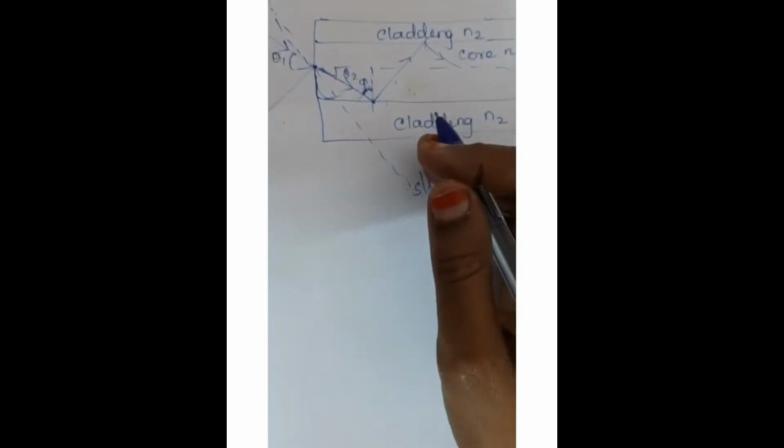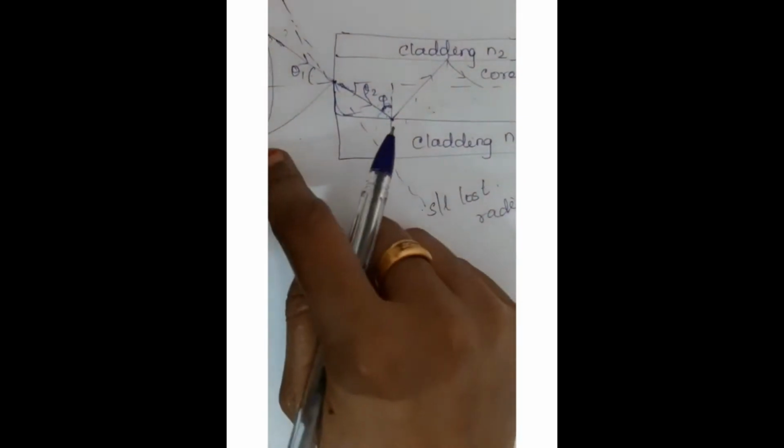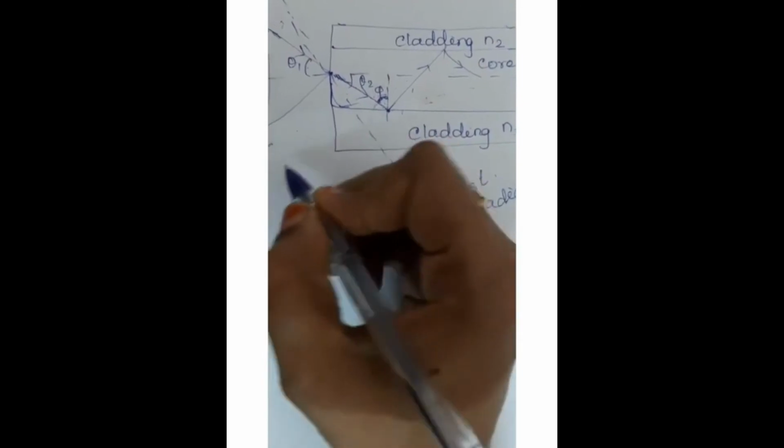So according to Snell's law, what is Snell's law? You know, n1 sin phi 1 is equal to n2 sin phi 2. Here this medium is the air and the refractive index of the air is n0.